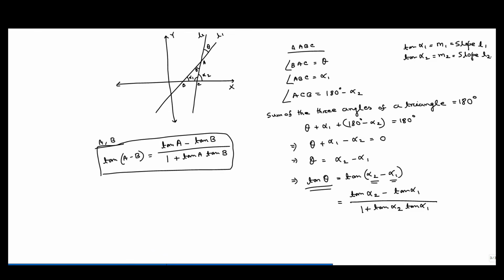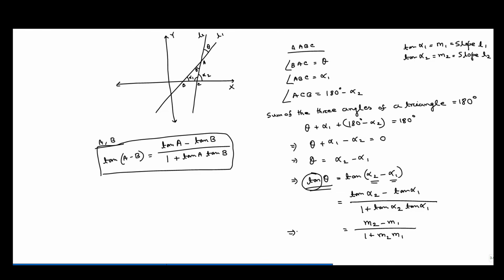So we try to find this angle theta in terms of the slopes of the given straight lines. That's why we have taken tan here. So this gives us m2 minus m1 by 1 plus m2 m1. So tan of theta is nothing but m2 minus m1 by 1 plus m2 m1.